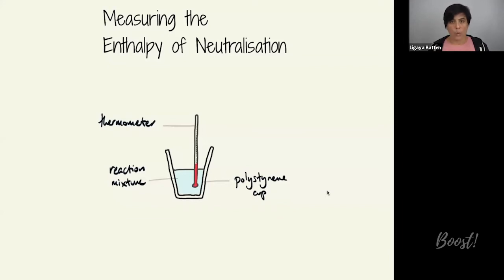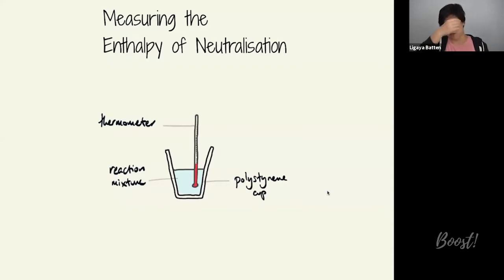So why might we use a polystyrene cup instead of a beaker? That's because we're measuring an enthalpy change in a reaction, so the change in energy. We want to know if energy is given out or taken in, and if energy is given out, we want to know how much is given out.